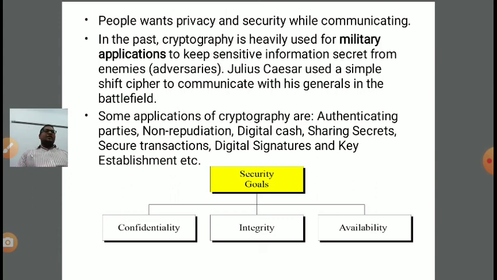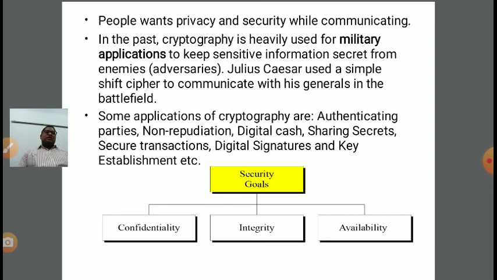Physically, if you want to transmit information to the intended user only, you put your document in an envelope and then transmit it. That is physical confidential data. In digital format, we require cryptographic algorithms to ensure confidentiality, so encryption and decryption algorithms are required.